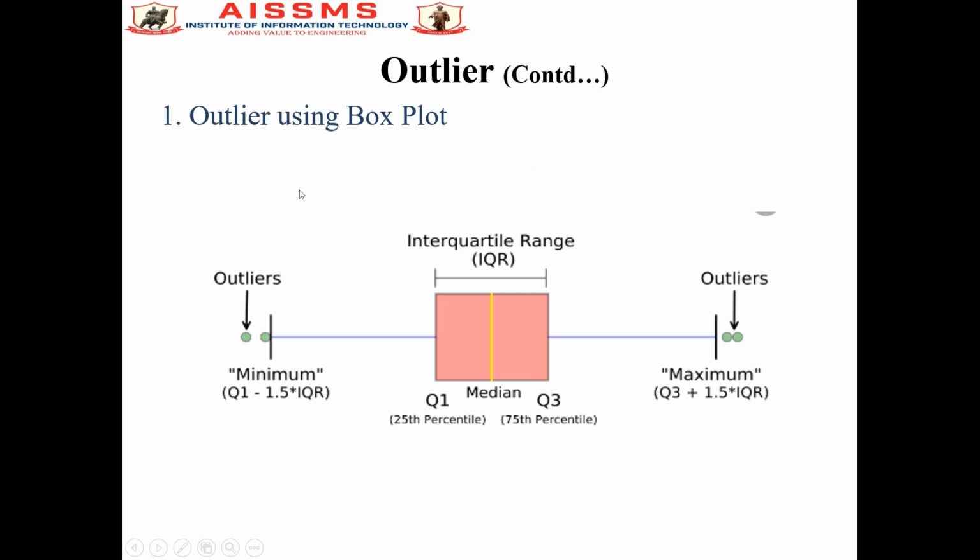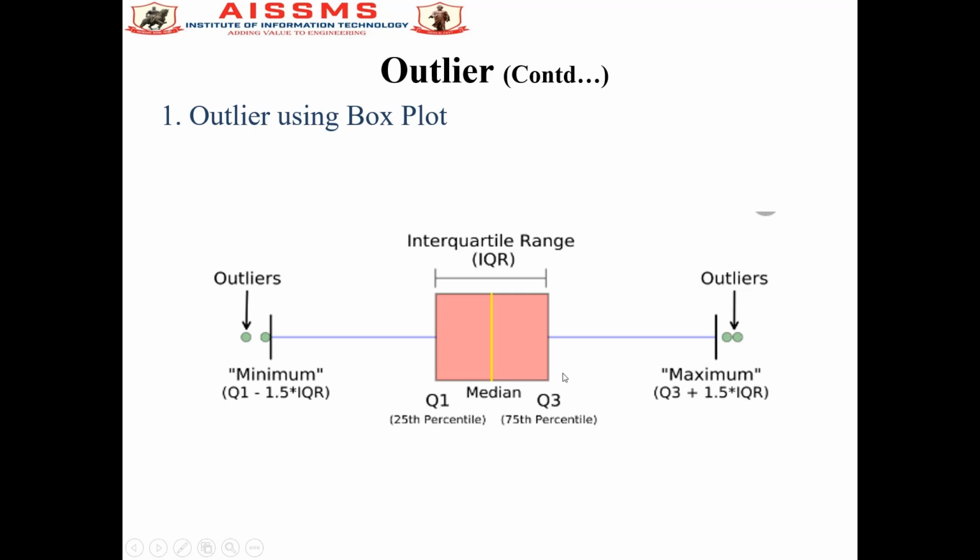Now we can find the outlier by using the box plot. In this diagram you can observe the box plot, where this is the minimum value and this is the maximum value. The minimum value is Q1 minus 1.5 times IQR. What is IQR? IQR is the interquartile range. Q1 is the 25th percentile, Q3 is the 75th percentile, and the median lies in between.